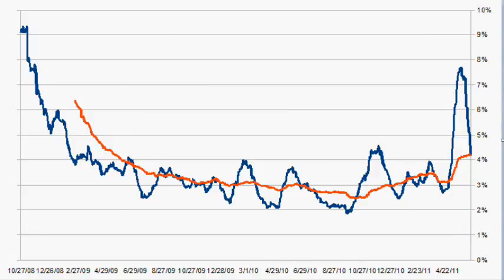This is a daily time frame. The blue line represents the average moves on a daily basis over the last 20 days. The orange line over the last 100. And this chart goes back to the fall of 2008, where the average moves were 9%, and it started to slow down as the market was finishing its bottoming process.